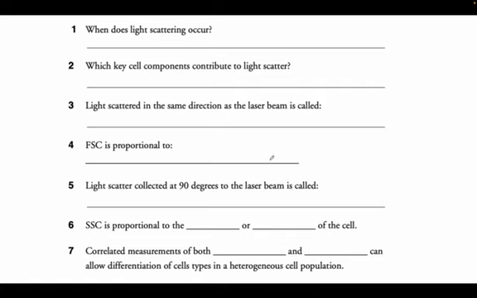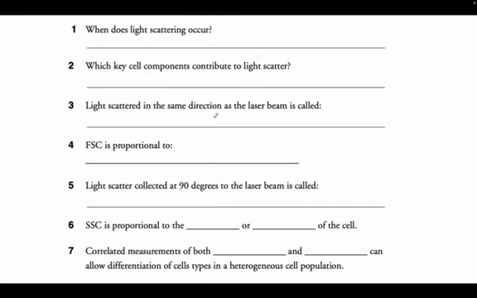So when does light scattering occur? Light scattering will occur when the cell interacts with the incident beam of light and is scattered both by the cell itself as well as by granules within the cell. These are intracellular organelles.